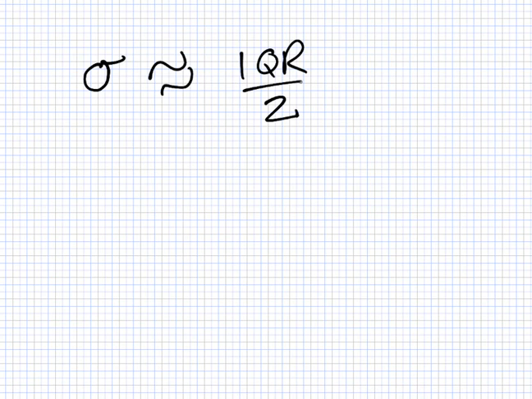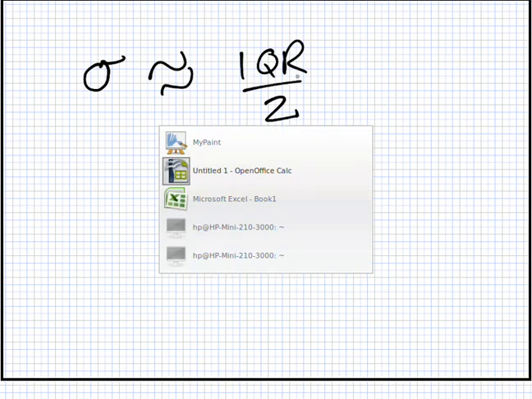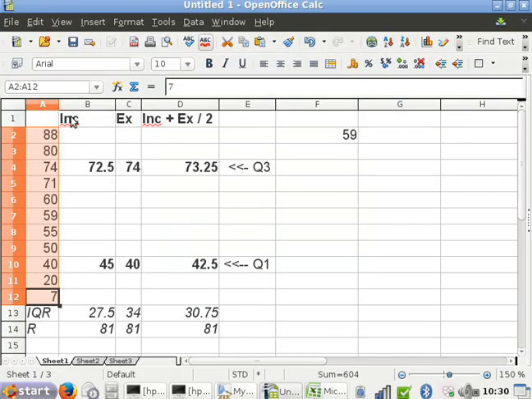So the reason you care about interquartile range is, for one reason, it gives you a very quick way to calculate the standard deviation, roughly. So you look at the 75%, the 25%, you minus them and divide by 2, and you get a rough estimation for it.